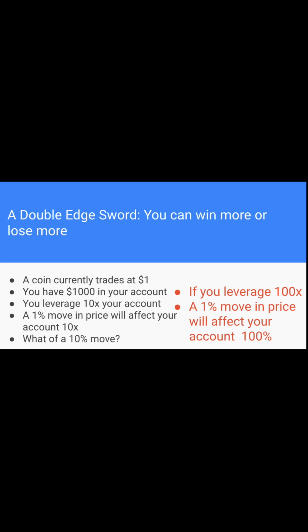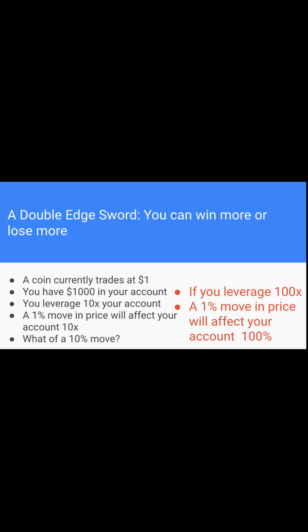Now let's say you choose 10x as your leverage, and you have $1,000 in your account. What it means is that if the coin you're trading drops by just 1%, you're going to lose 10% of your capital.